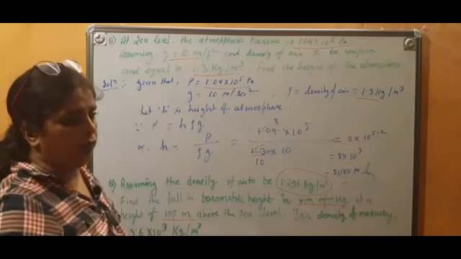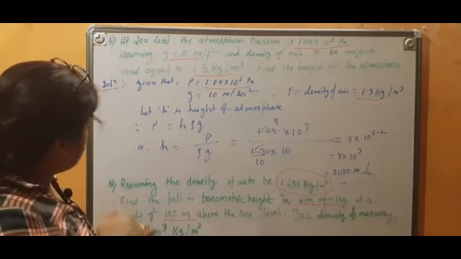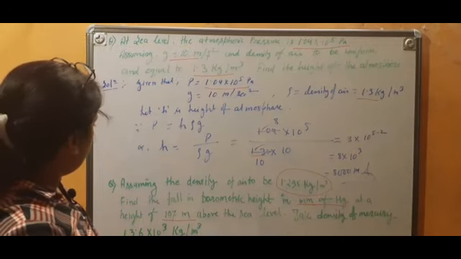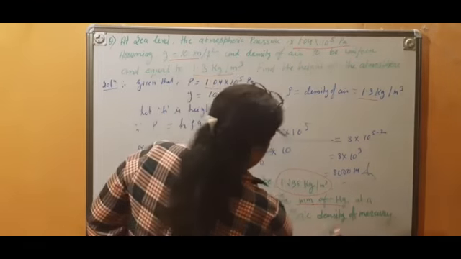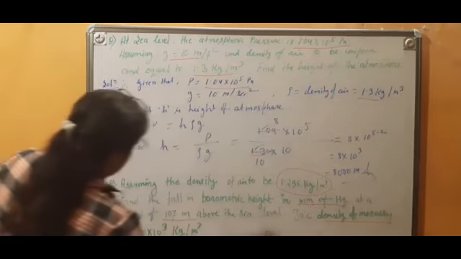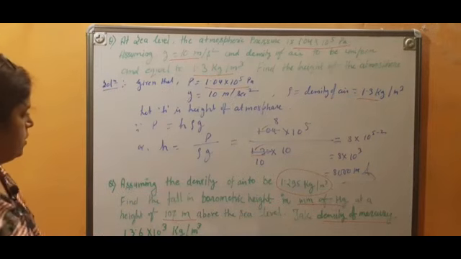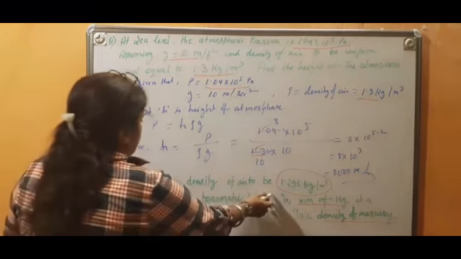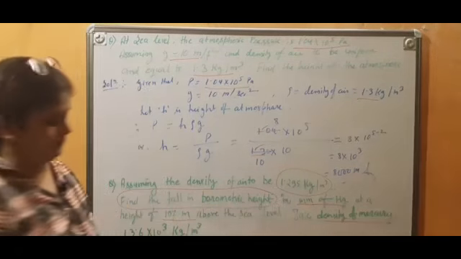When we move from sea level to land which is 107 meter above the sea level, we have to find the fall in barometric height. Take density of mercury, which is also given, that is 13.6 into 10 to the power 3 kg per meter cube. So we are going to find out the fall in the barometric height.